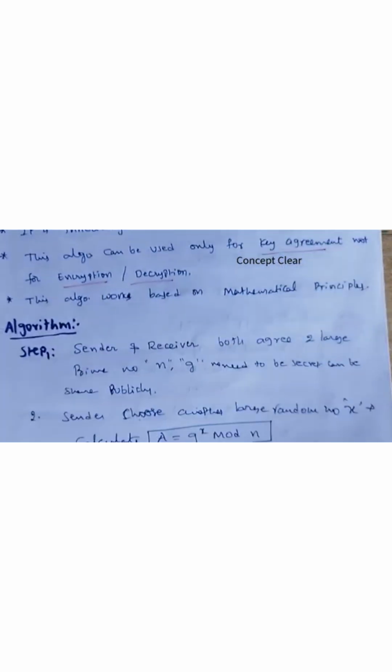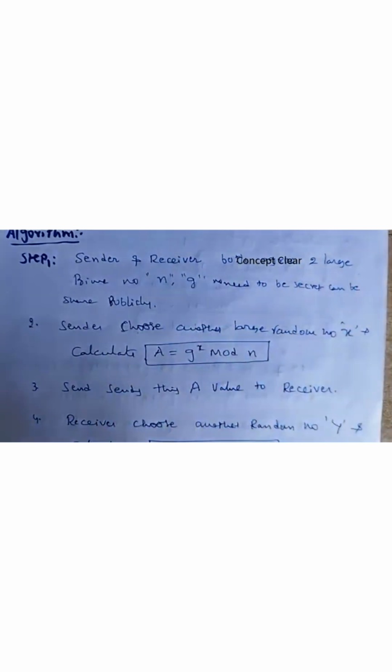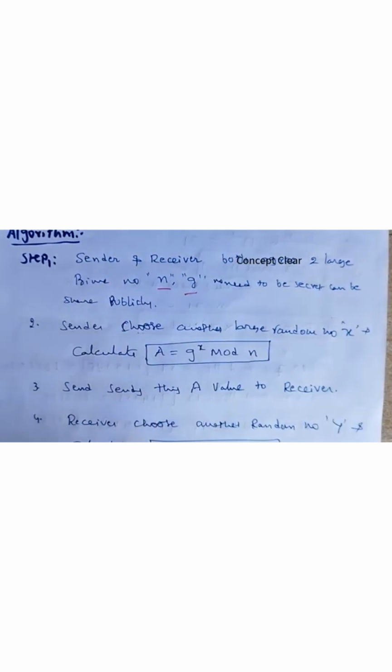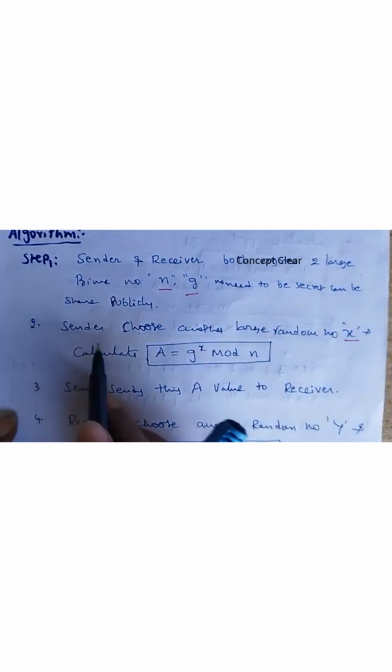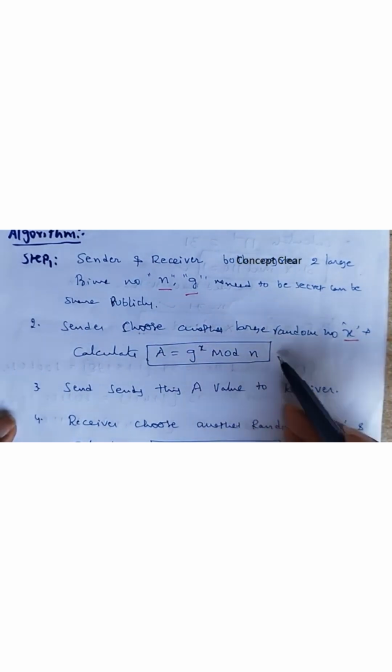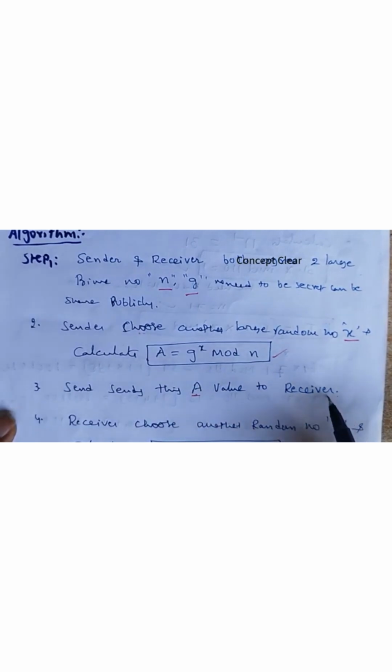Okay, what is the algorithm here? First, sender and receiver both take two large numbers, n comma g. Then the sender takes one more random number x, calculates a, and sends the a value to the receiver.